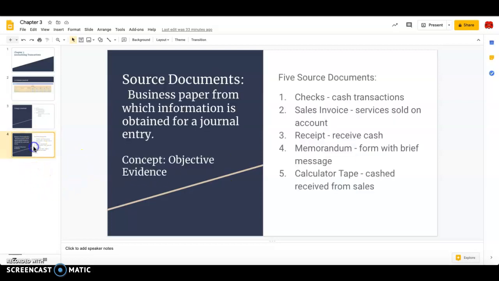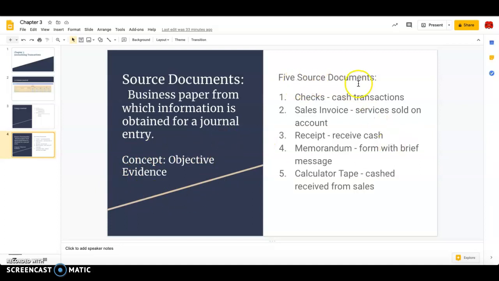All right, real quick, source documents. We can't do anything in accounting without proof that it happened, and that proof is called your source document. Basically it's a business paper from which information is obtained for a journal entry. Our accounting concept for this is objective evidence, the evidence that a transaction took place.